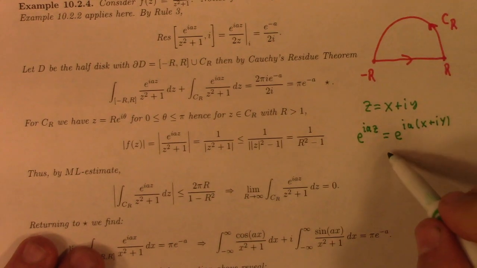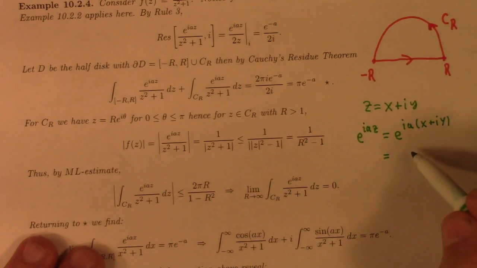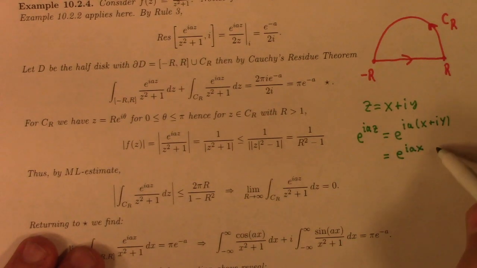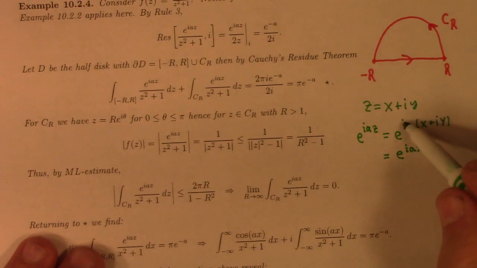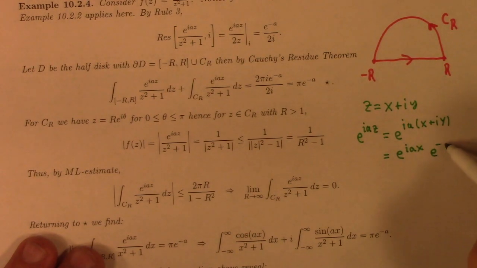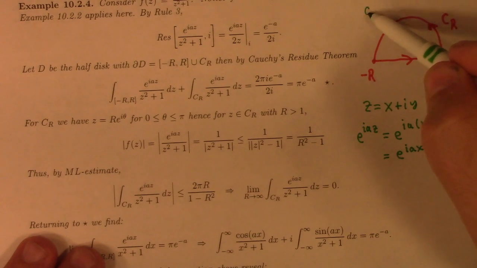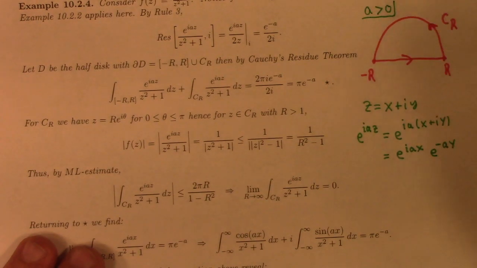Okay, and that would be e to the iax, and then e to the i times i is minus 1, so e to the minus ay. So to rescue this example, we need that a is greater than 0. We're going to assume that. Okay, it's real, it's greater than 0.